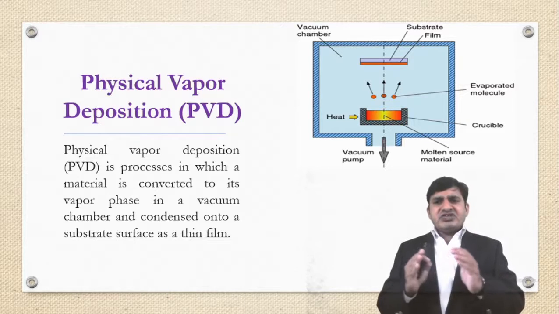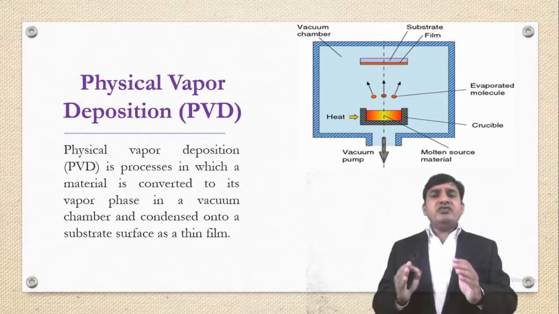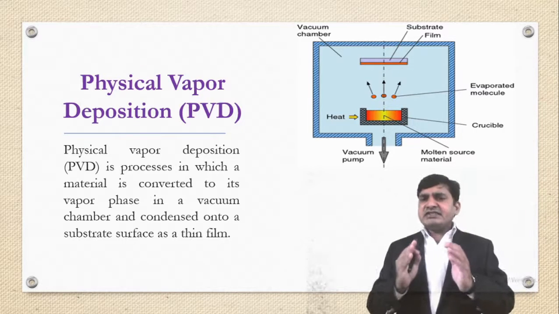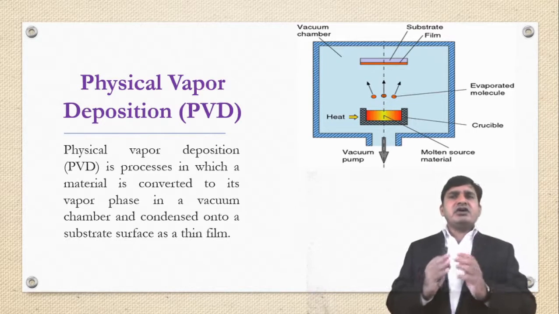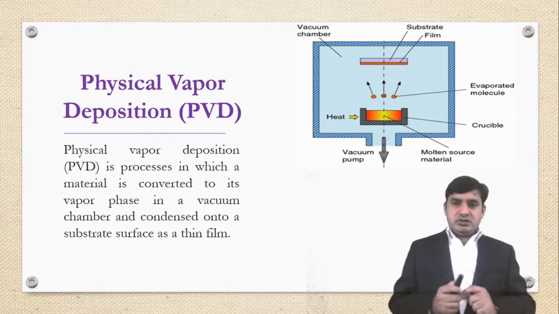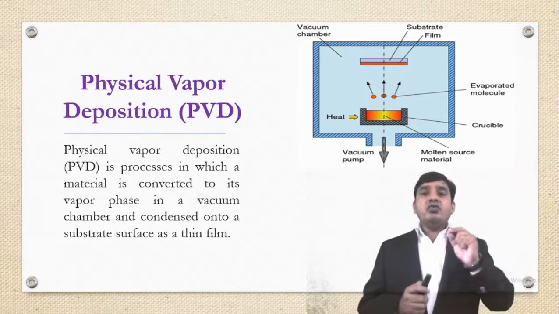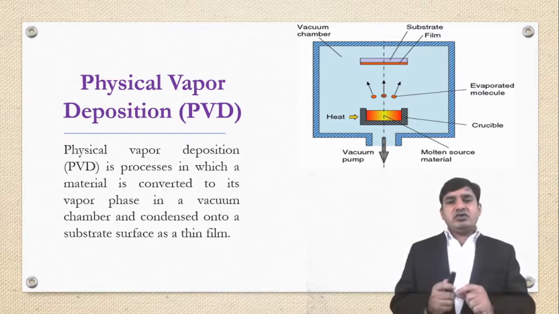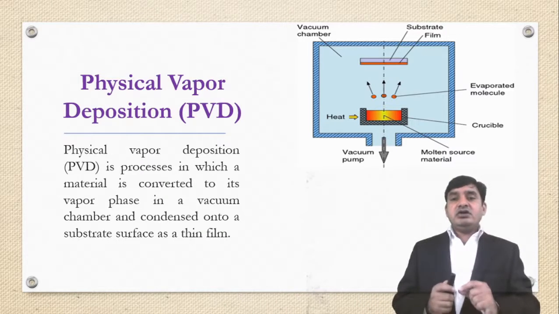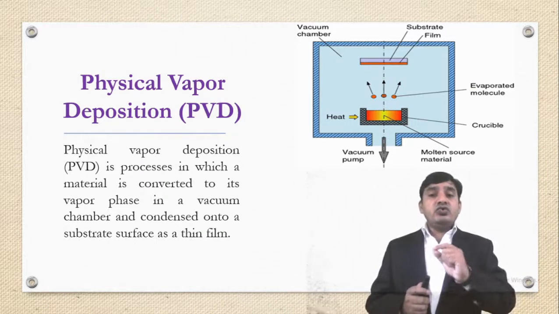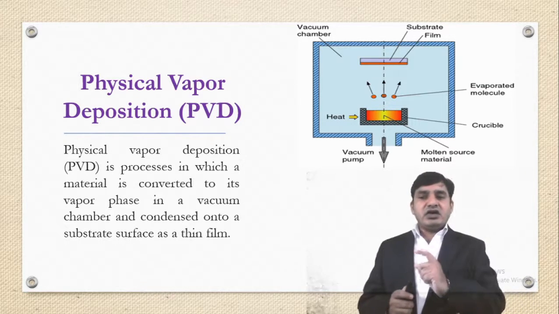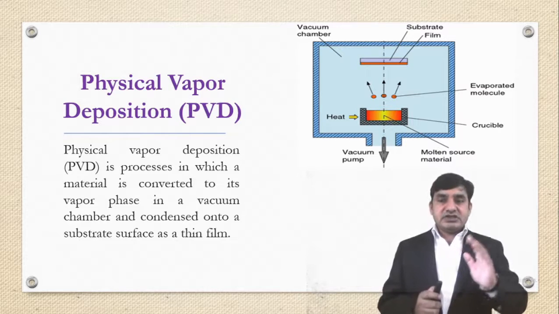Now this process is carried out in a vacuum chamber, and the pressure inside this vacuum chamber is about 10 raised to minus 3 torr. We know that 1 torr is equal to 133.322 Newton per meter square or Pascal.